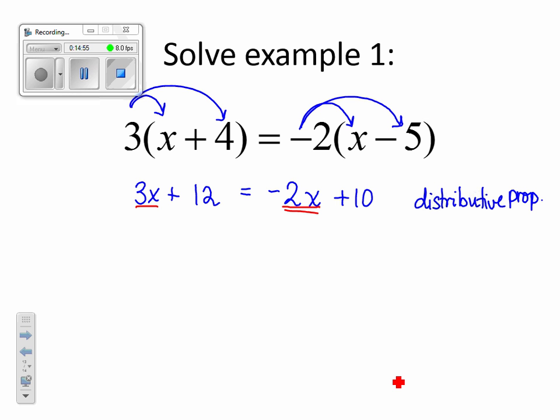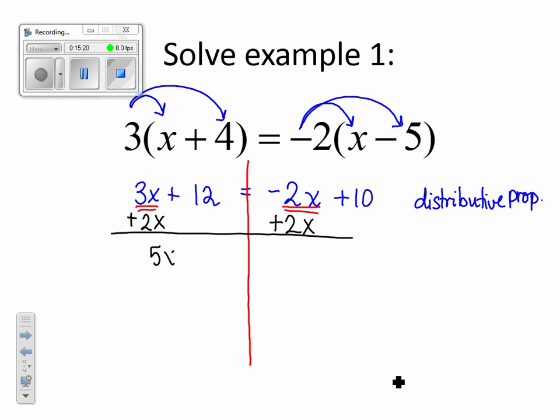If they're not on the same side, because we have this equal sign in between them, we have to do the inverse operation to get them to the other side. So if I want to get the 2x to the other side, the opposite of subtracting 2x would be adding 2x. Once I add 2x, I get 5x plus 12 equals 10.